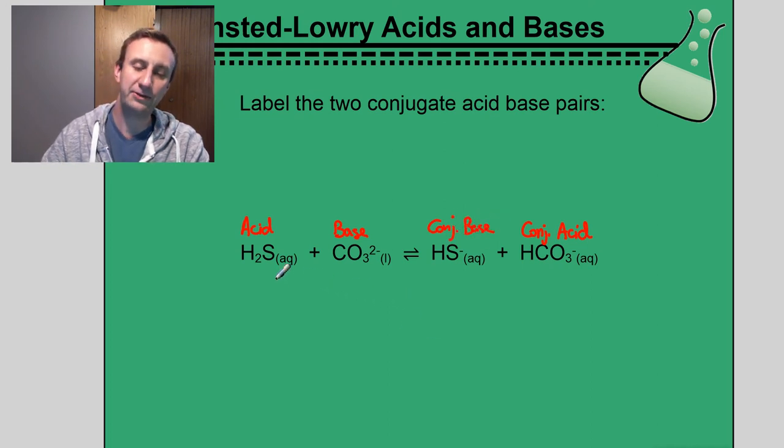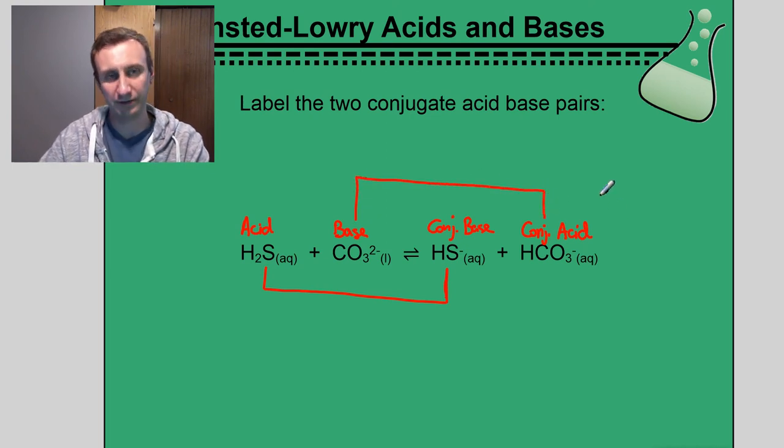So now I'm going to connect the two things that differ by a proton. H2S and HS-, this is a conjugate acid-base pair, and CO3 2- and HCO3-, this is a conjugate acid-base pair.